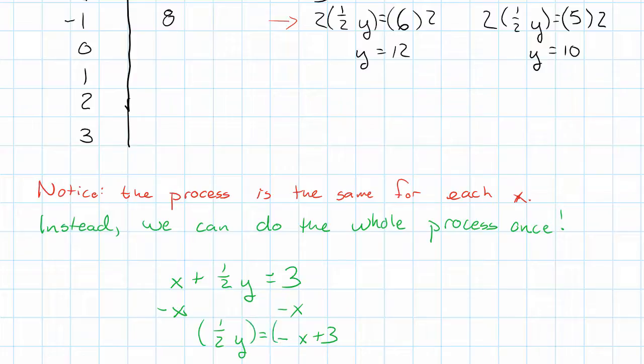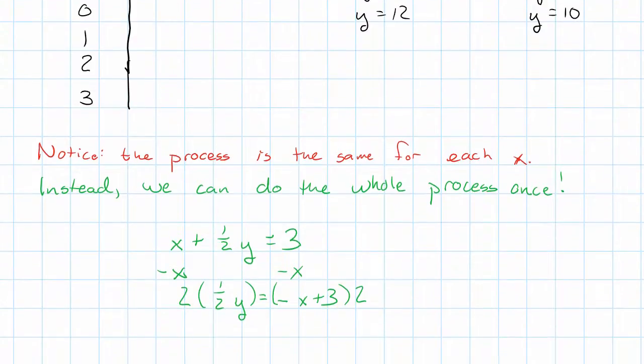And then we multiplied both sides by 2. And we get y is 2 times the opposite of x plus 3. Or if we'd like to distribute, y is -2x plus 6.